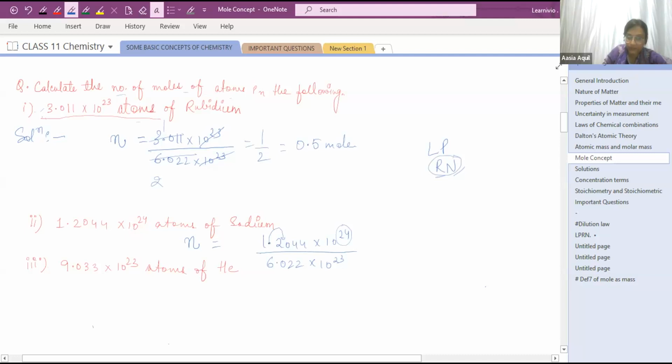Just shift this decimal towards the right, so it will easily become 12.044 into 10 to the power 3.